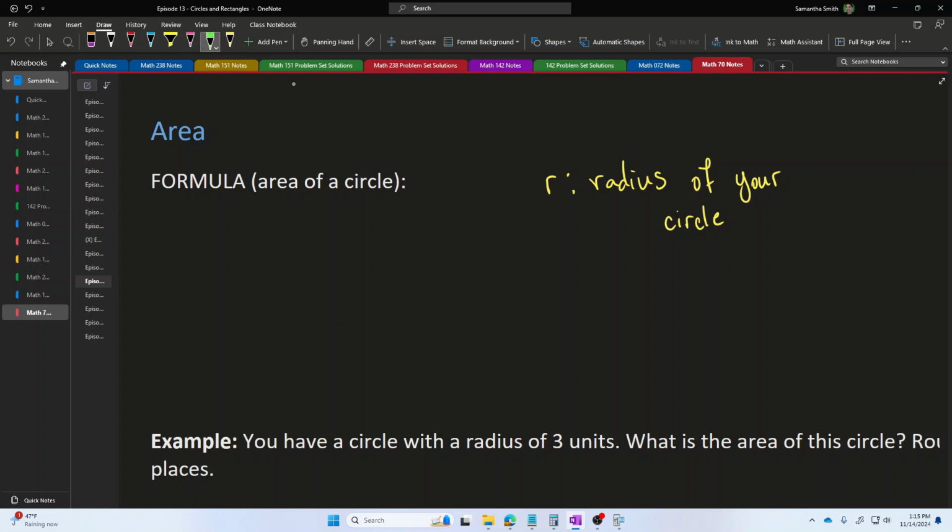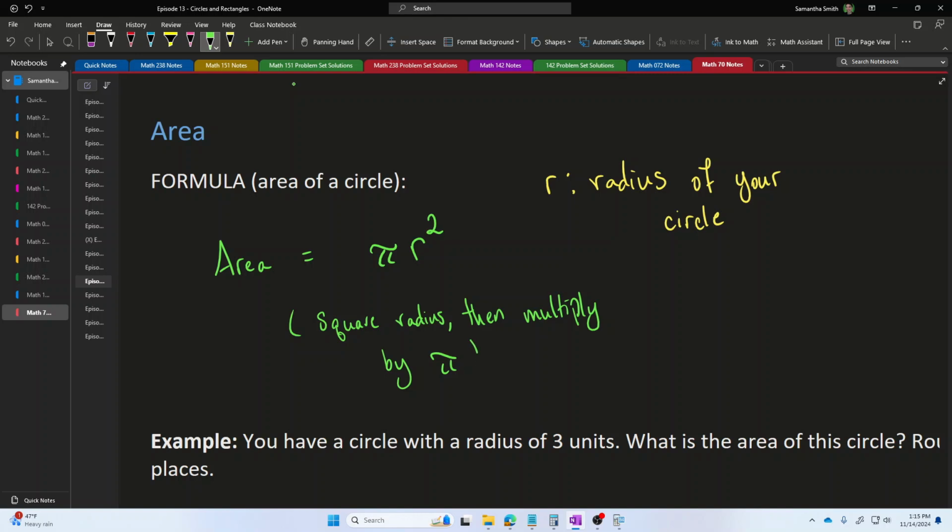The area of a circle with a radius R can be found by taking the radius, squaring the radius, and then multiplying the result by this special number pi. So just to emphasize, this expression is telling you to square the radius, then multiply the result by pi, which is approximately equal to 3.14.